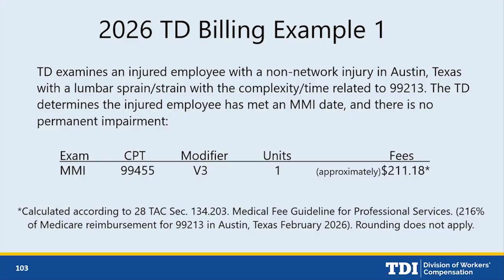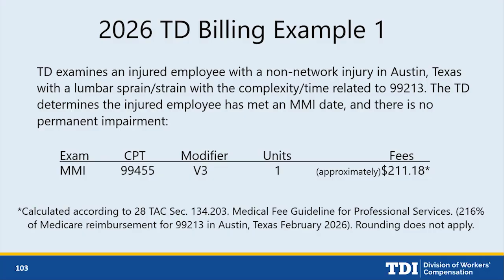So you go out, calculate how much someone would get paid for 99213 in your area. In this example, we used the calculation for Austin, Texas. And remember, rounding is not going to apply to you treating doctors. So a non-network claim is in this example.